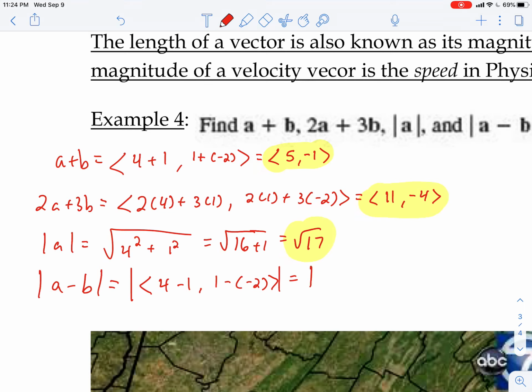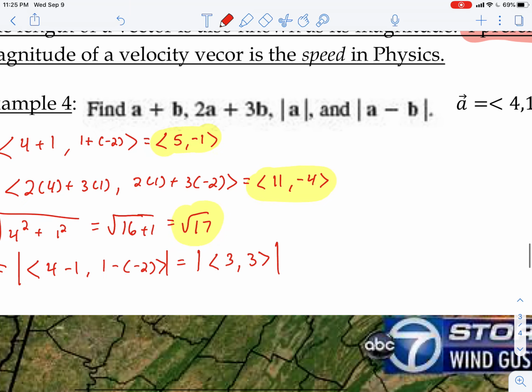So now I'm going to be finding the distance of 4 minus 1, which is 3, and 1 minus negative 2, which is going to give us just 1 plus 2, so 3. And so now I'm finding the magnitude of a vector 3 and 3. Take the square root of that.